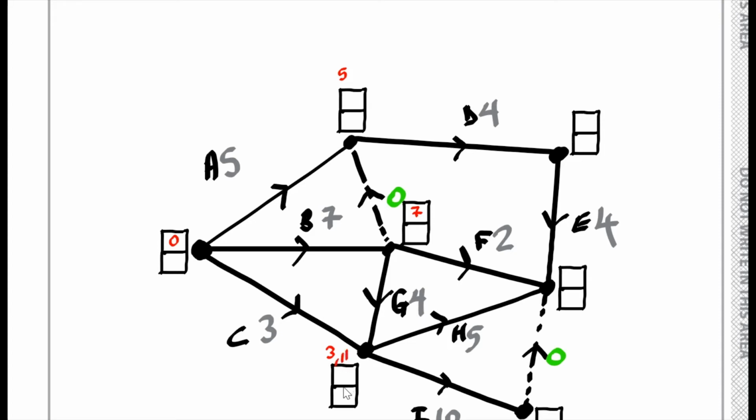So 11 is the bigger one, so we put 11 inside here, like so.